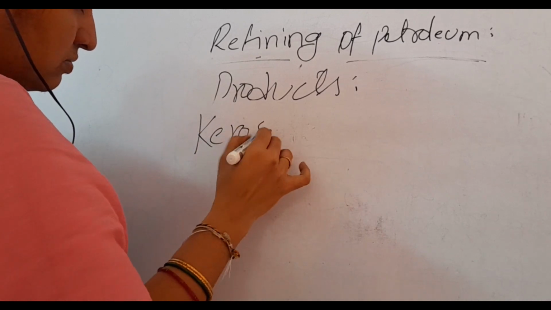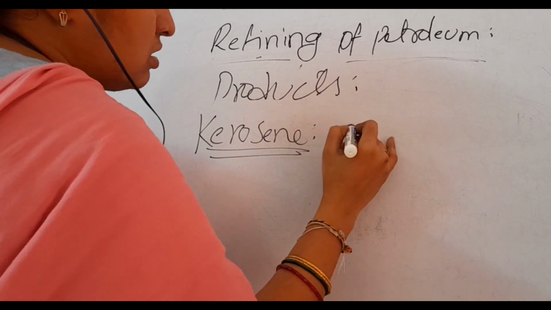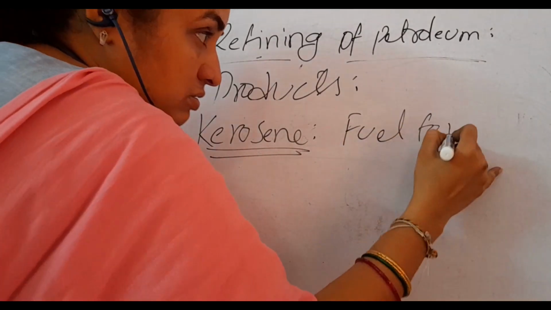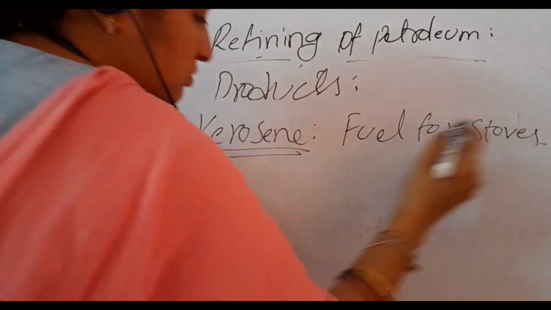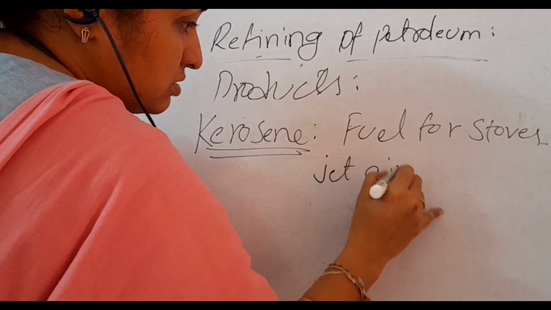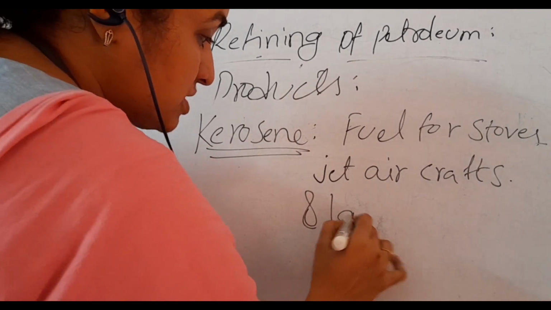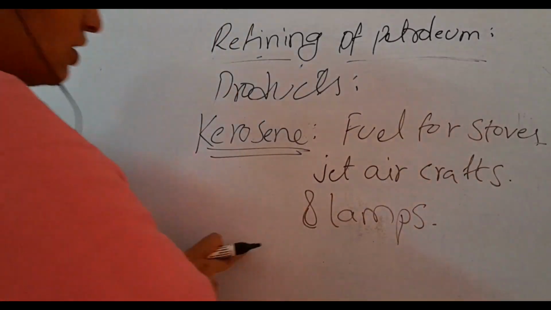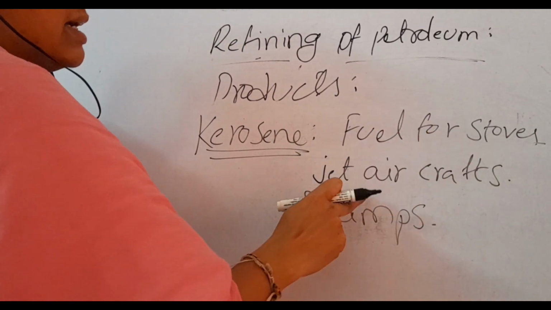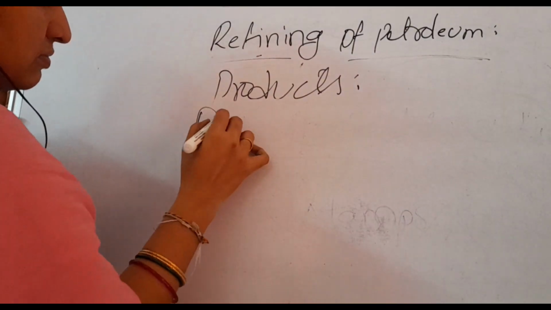Kerosene is used as fuel for stoves, jet aircrafts, and also lamps.